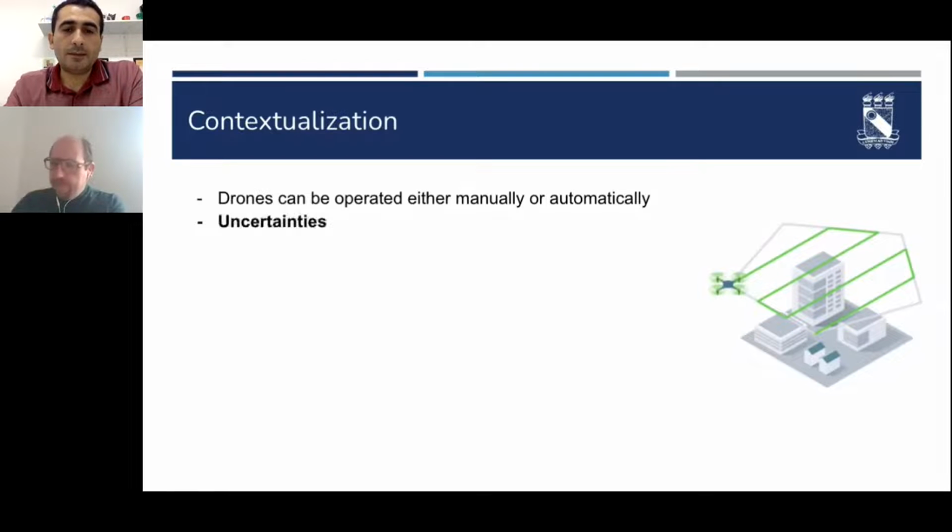However, some uncertainties may happen during flight time that are very difficult to predict at design time, and those uncertainties may generate exceptional situations that may impact the drone-based application.